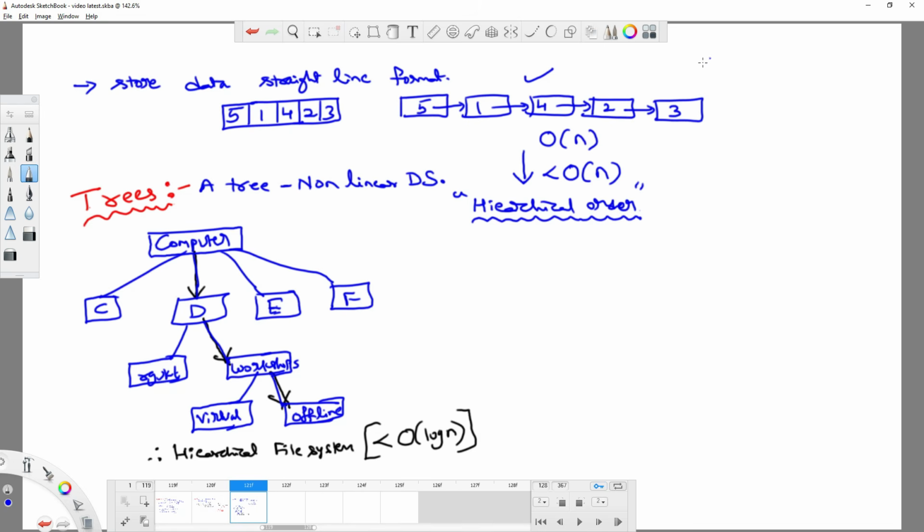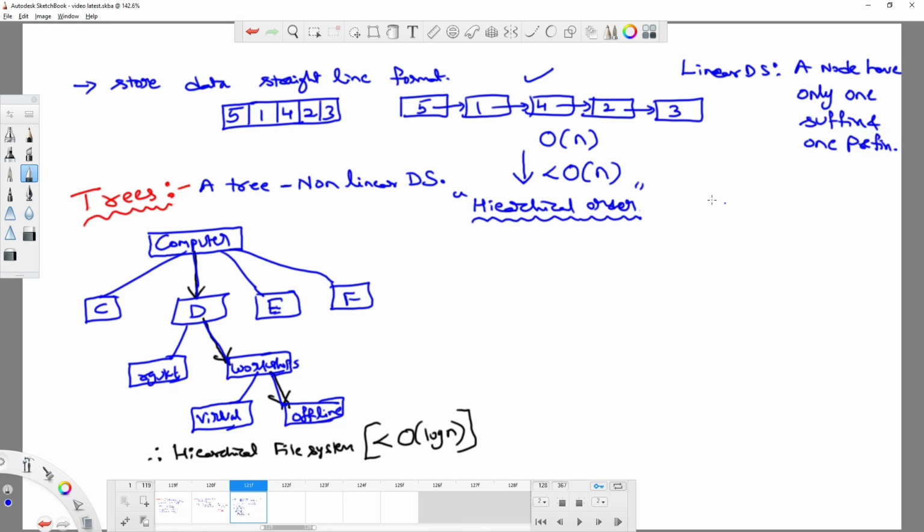So when we say linear data structures, a node has only one suffix and one prefix. That's it.